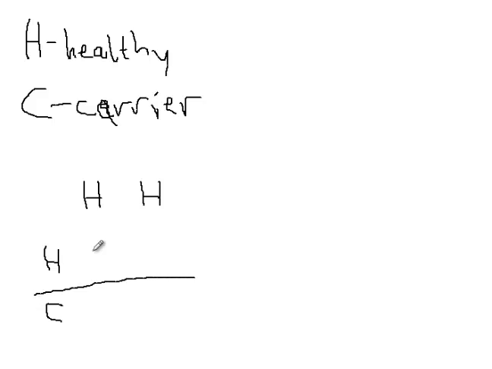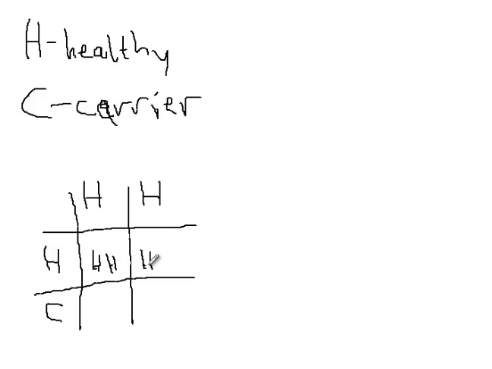It's not dominant, so you won't see it. Then if you notice, the 4 possibilities for the children are healthy, healthy, and over here is also healthy, healthy. Over here is healthy and carrier, and over here is also healthy and carrier, but none of the kids are sick. At worst, the kids are carriers.